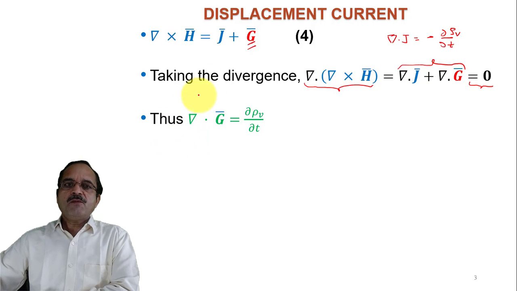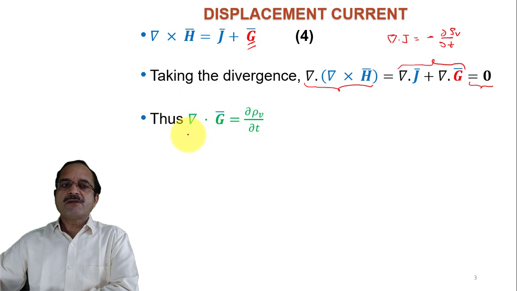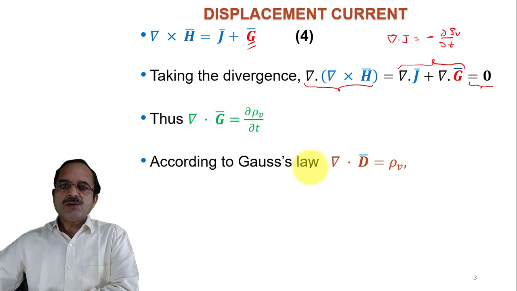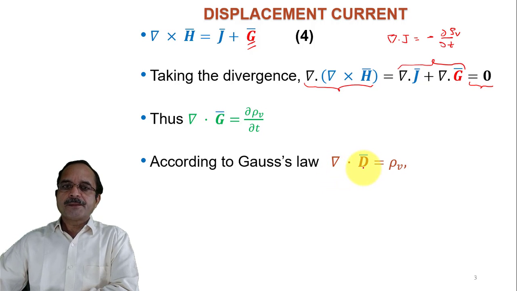So our aim was to find this term G. Now we got this equation, divergence of G is d rho by dt. Now, according to Gauss law, divergence of D, that is the electric flux density, is equal to volume charge density rho v.